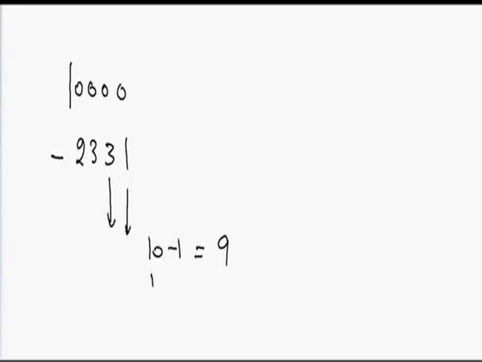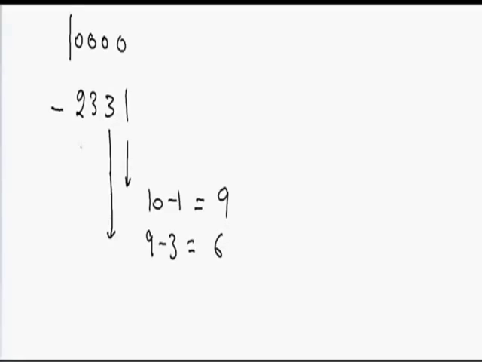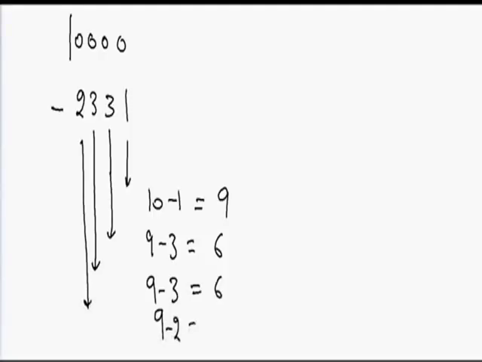So 9 minus 3 is equal to 6. Then I'll take the next 3. So 9 minus 3 is equal to 6, and then I'll take the 2. So 9 minus 2 is equal to 7. So the answer will be equal to 7669.